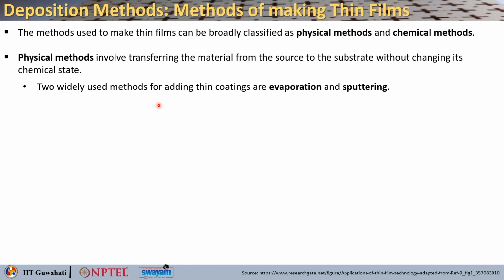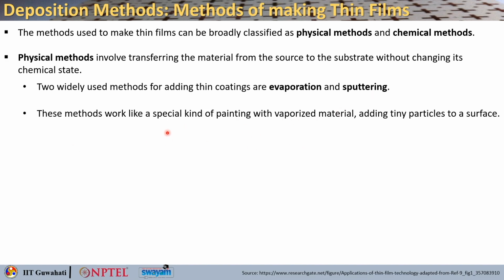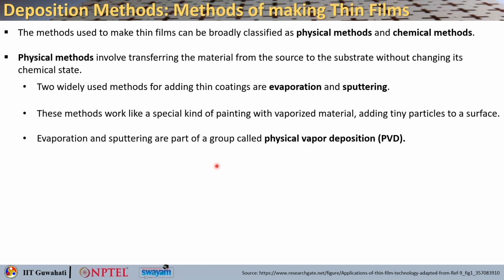Two commonly used methods for making thin films or adding thin coatings are evaporation and sputtering. These methods work like a special kind of painting with vaporized materials, adding tiny particles to a substrate.